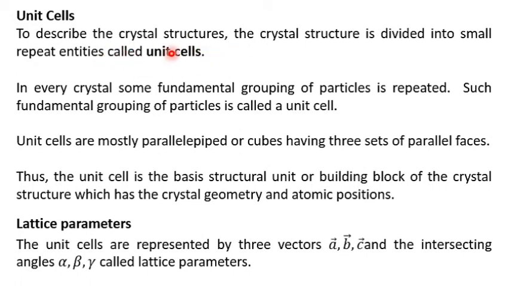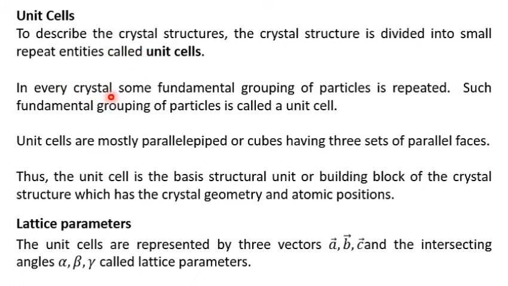Some entity, a group of points, repeats to build the full crystal structure. Those repeating points are called unit cells. We should divide the crystal into small entities. Those small repeated entities are called unit cells.